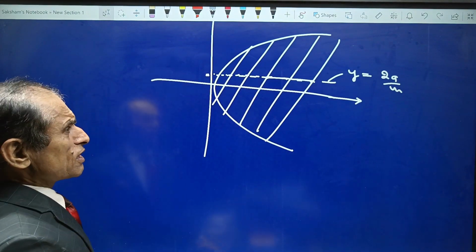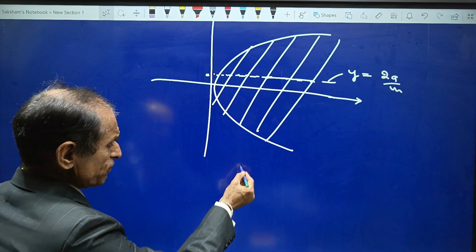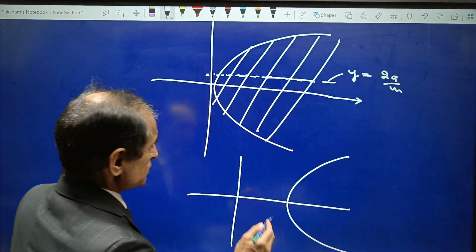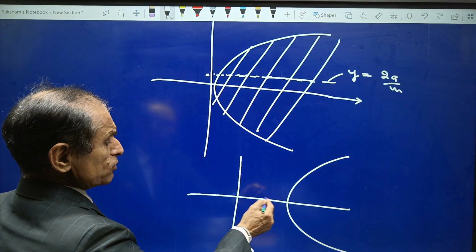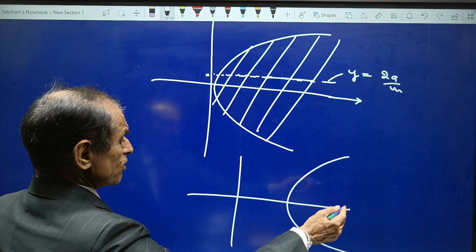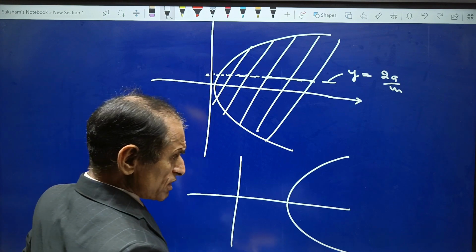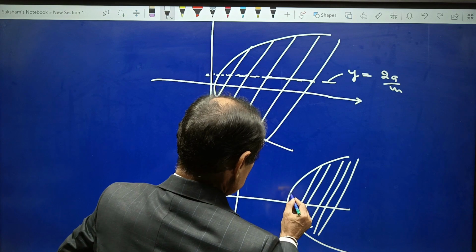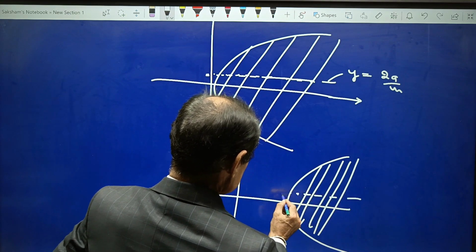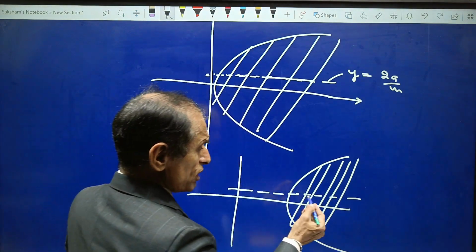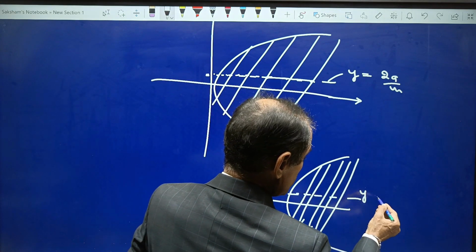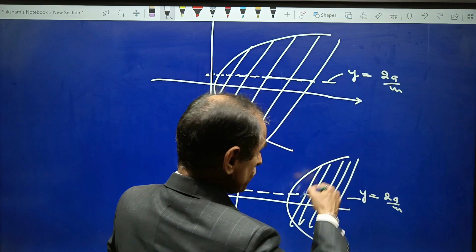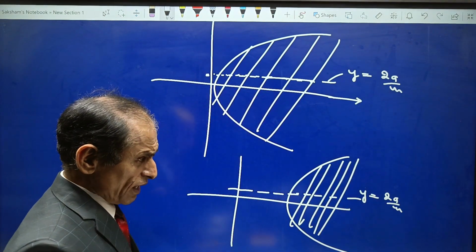It is also clear from this parabola that even if the vertex is not at origin, even then, if these are parallel chords, the midpoint of all these chords will lie on a line whose equation will be y equal to 2a upon m, where m is the slope of these chords.